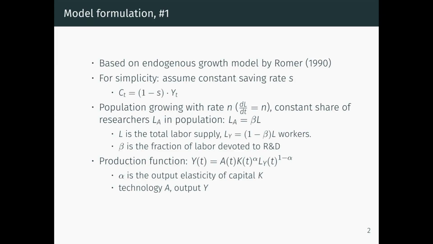We'll further assume that population is growing with a constant rate n, which means that the time derivative of L, the total population or total labor supply, is exactly this constant rate n.